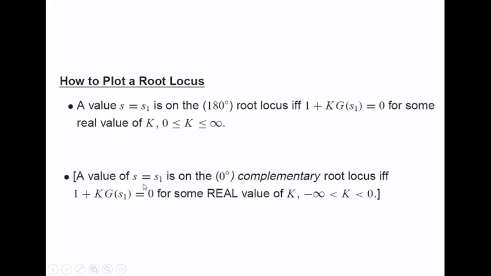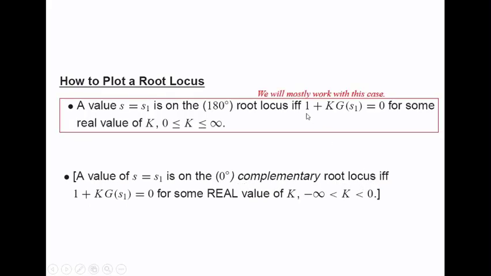Similarly, our value of S is equal to S1, which is a certain point in the S-plane. It is located on the complementary root locus, and when will that happen? If 1 plus kg of S1 is equal to 0 for some real value of k which is negative. So for any negative k, if we can satisfy this condition for a certain point S1 in the S-plane, we can say that this point is located on the 0-degree complementary root locus.